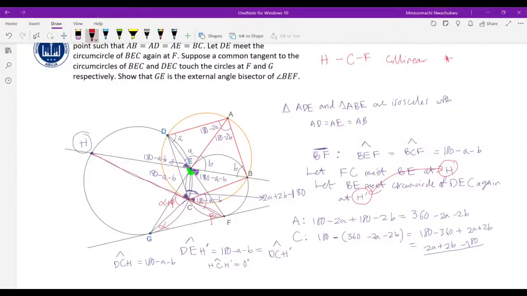Now we have that this angle here, which is beta, the angle between chord and tangent, is equal to the angle in the alternate segment. So this angle here is going to be beta because this angle here is beta.